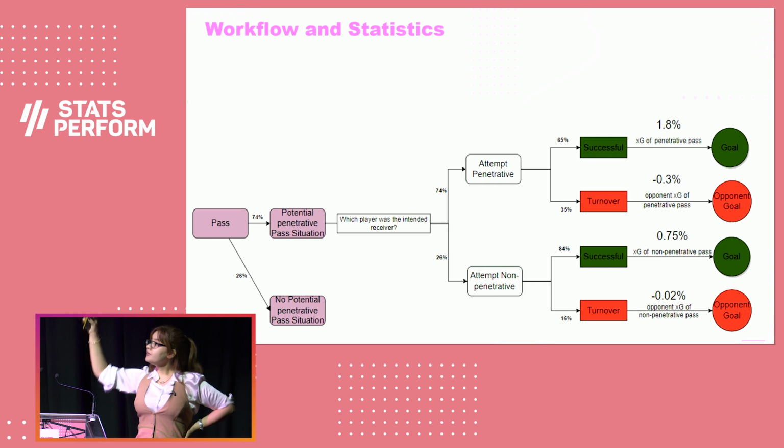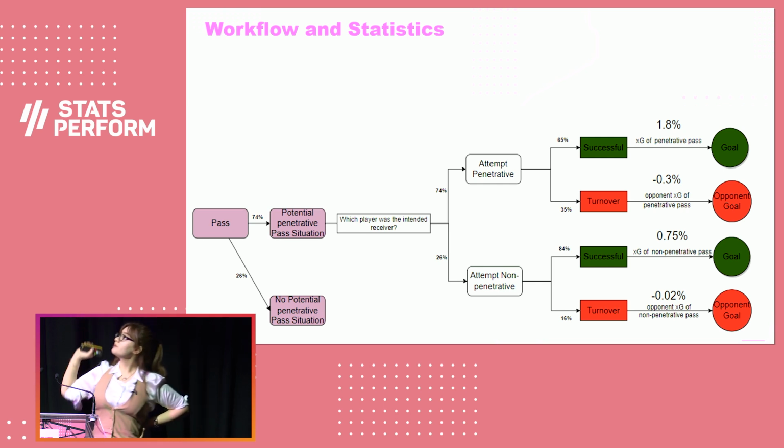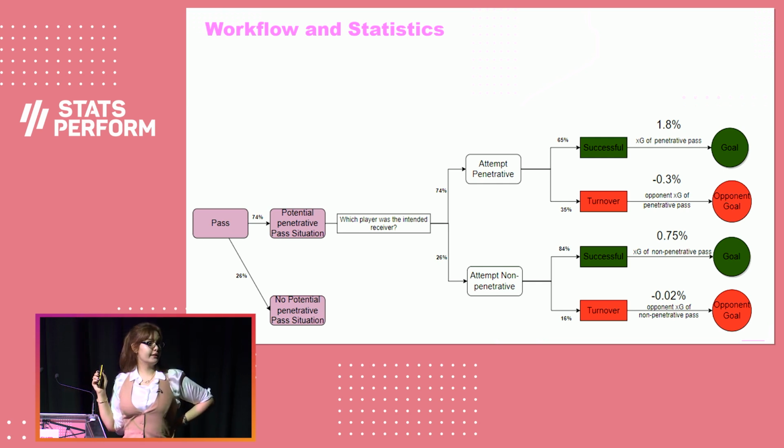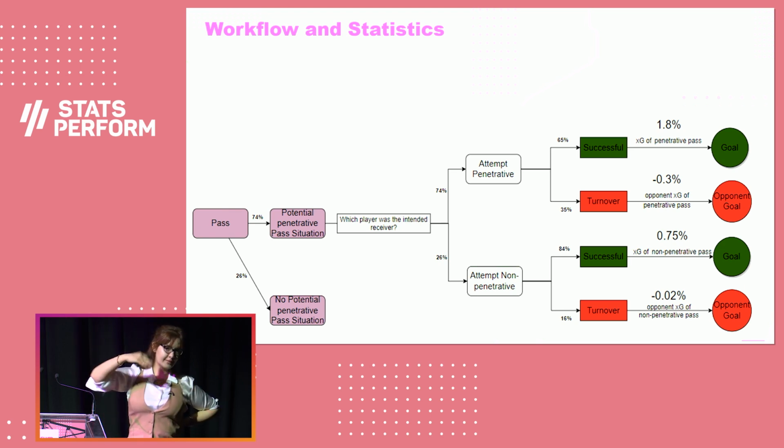On the other side, if it is successful, you can see the expected goal is 1.8%. If I want to interpret it, out of 100 penetrative pass attempts, 1.8 attempts will result in a goal within the next 10 actions.